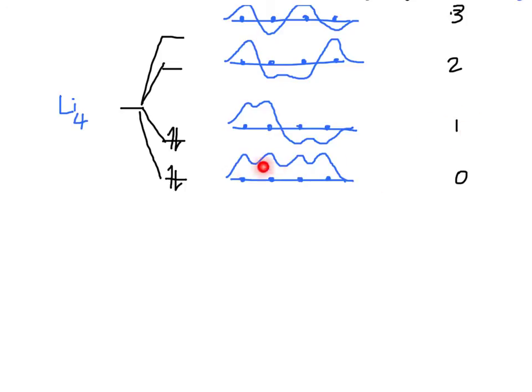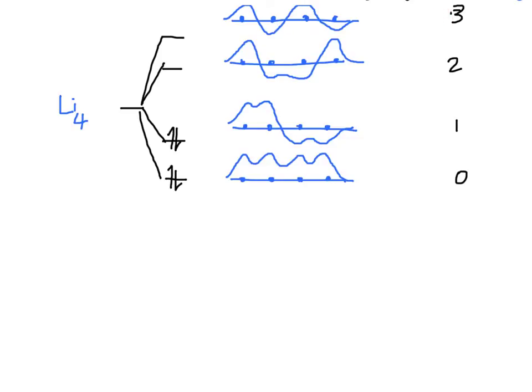You see, the first case here has 0 nodes. This wave function here has 1 node, and the next one, higher in energy, also has some bonding aspects to it, but there are 2 nodes over there. And so that has a fair amount of antibonding combinations, which is why it is higher in energy. And the last one has antibonding combinations through and through with several nodes. In fact, 3 nodes.